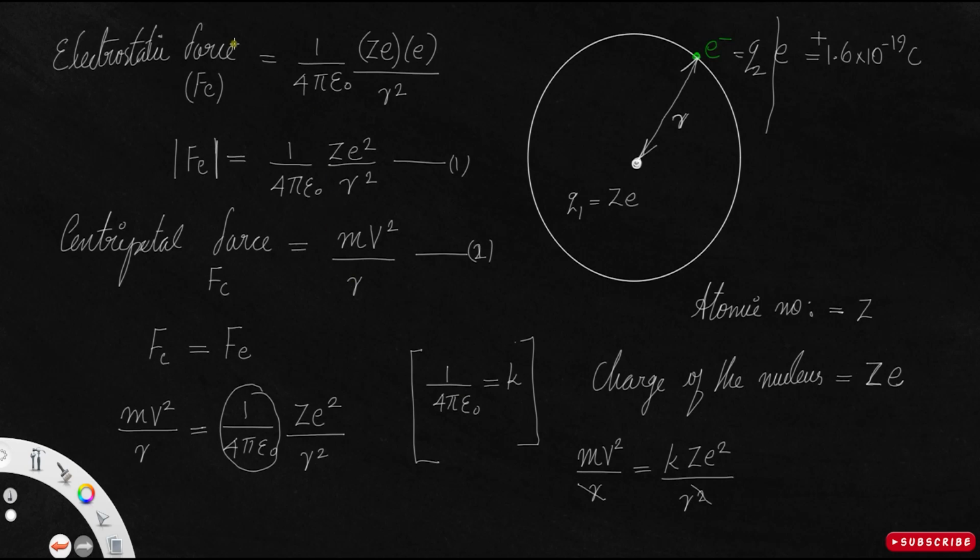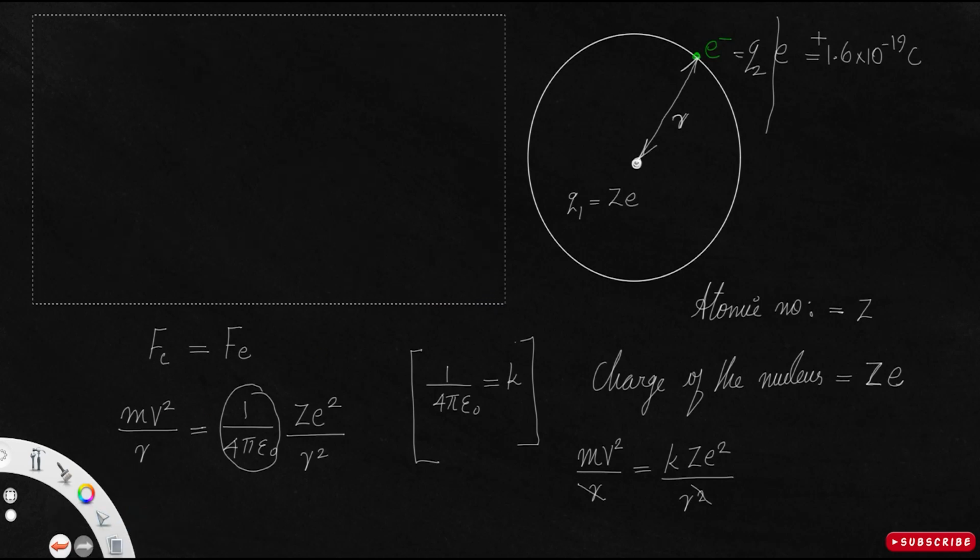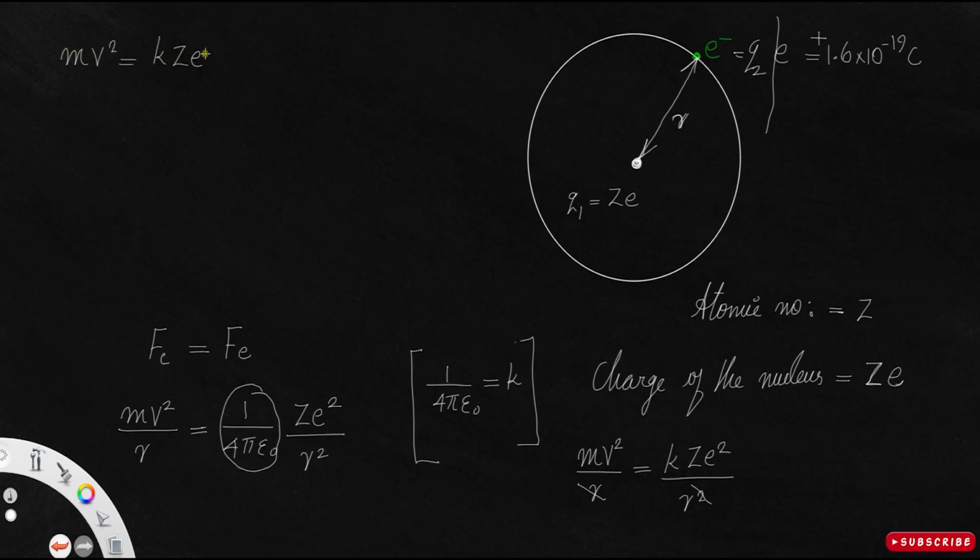So the expression becomes mv square is equal to kZe square divided by r. So if I take r to here, and take this mv square to the bottom, I'll get r equal to kZe square divided by mv square. Let me call this equation number 3.